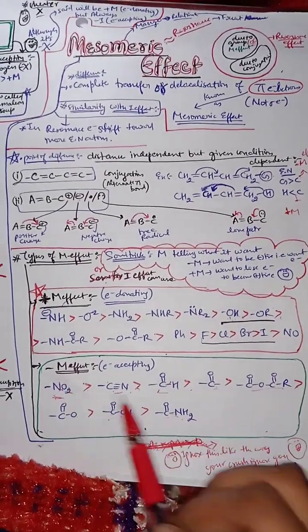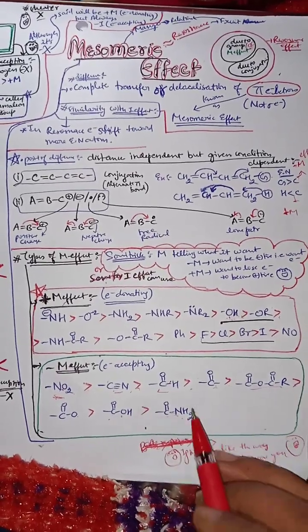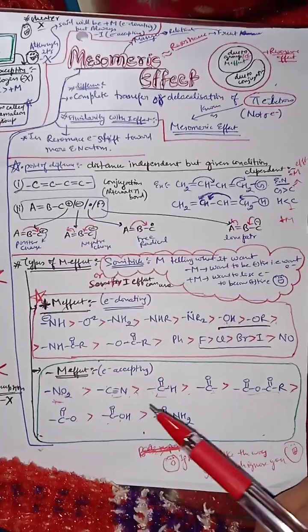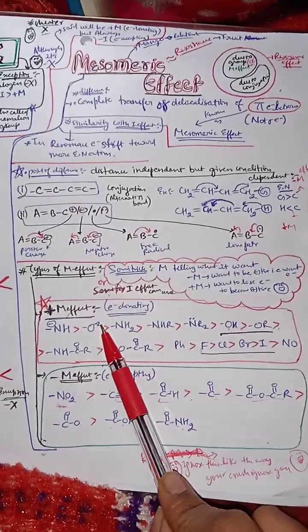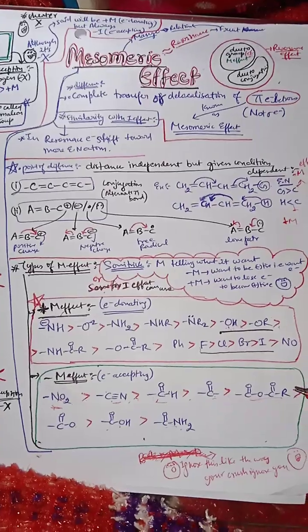Okay, so this is very simple and you will remember it easily. Just remember this, and the rest you can guess in plus M effect. That's how you can learn this easily.